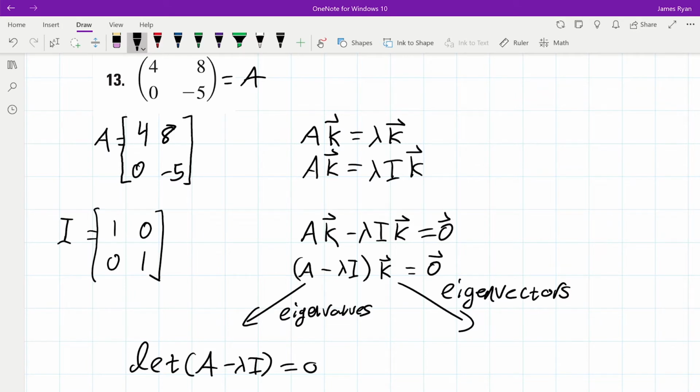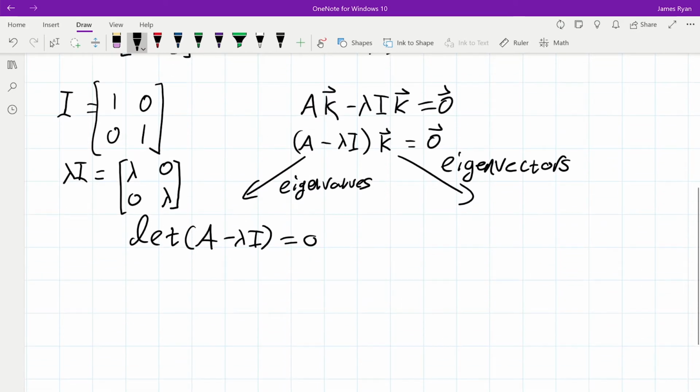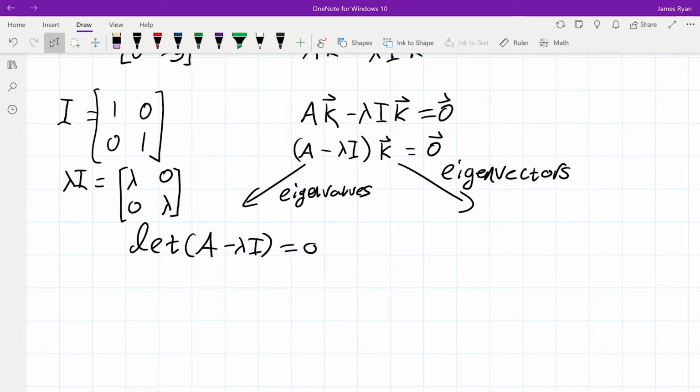Then lambda I will just be lambda, 0, 0, lambda, because we just multiply this matrix by lambda. And so A minus lambda I will be 4 minus lambda, 8, 0, negative 5 minus lambda.